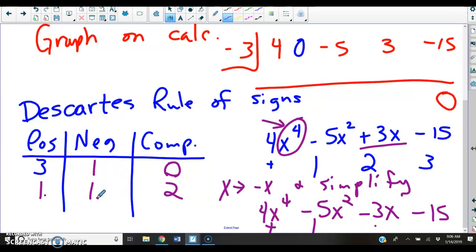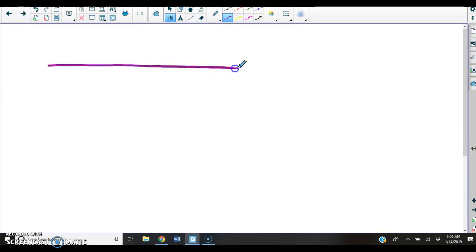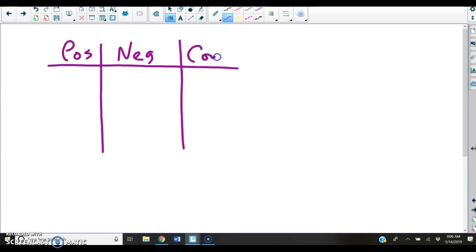Okay. If this had started, I'm not going to write a whole thing. And I don't care if you call that imaginary. I think the book does. So if this was 2, 3, and 0, it was a degree 5 polynomial. I could take 2 from the positive and put them in the complex.